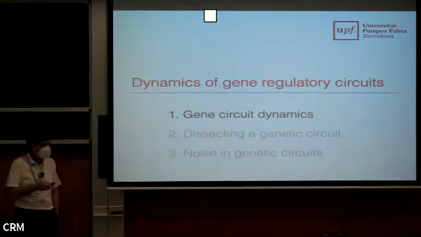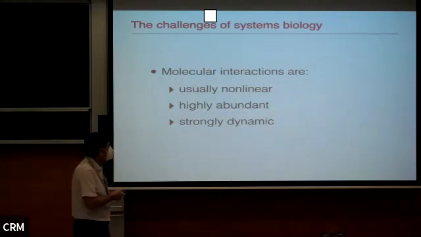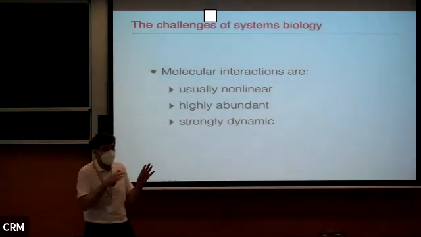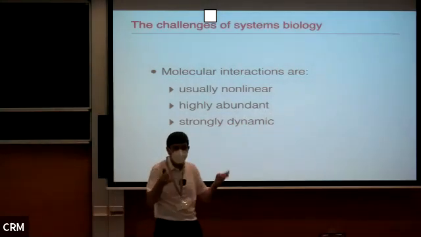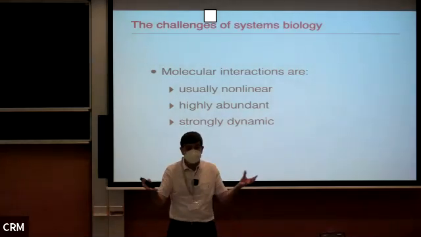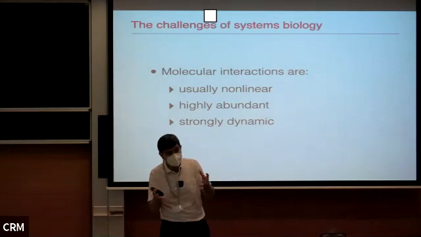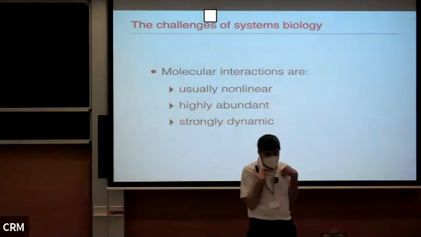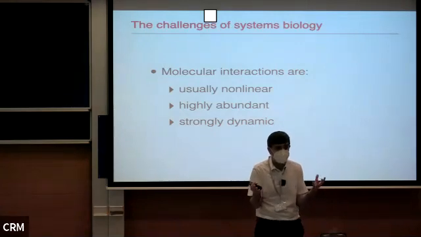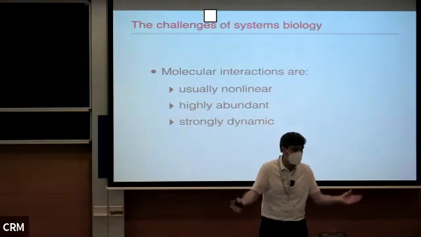And let me remind you what we discussed yesterday very briefly. This is what I claim to be the challenges of the field that we are calling systems biology. A dynamical system is a system, and if you apply this approach to biology, this is what I call systems biology, which is very different from what other people call systems biology, which is omics and lots of data and so forth.